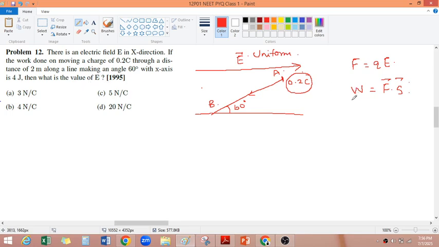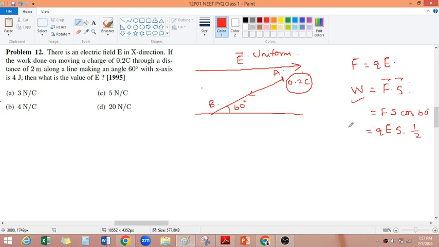Work done is given. F is equal to QE, and the angle is also given, so it will be F cos 60. Work done is Q into E, into displacement into cos 60. Cos 60 is 1 by 2.